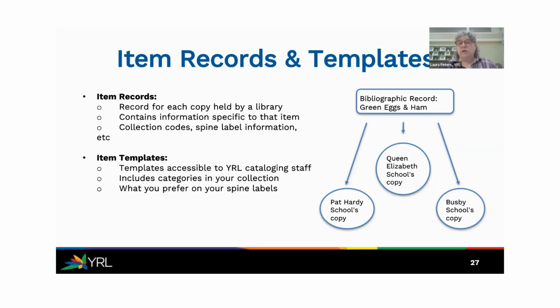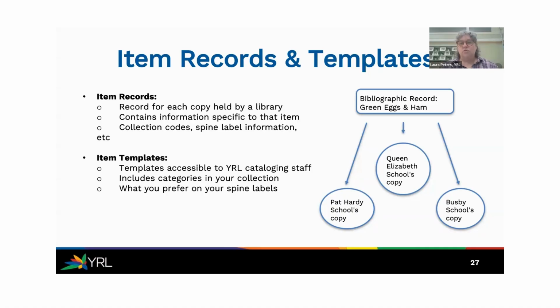And what's more critically important is the item record template. It's an item record that we keep in our system, but what it has is all of the specific detailed information that pertains to your spine labels for your school library.